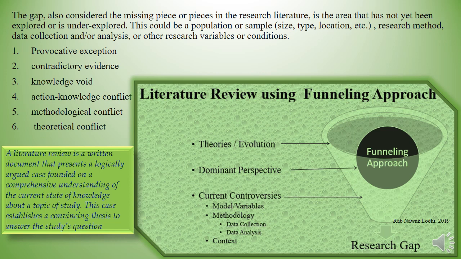As a matter of fact, for a researcher, the literature review is the most laborious sort of work. The extensive limit that you got to cross is really important. This could be a population or sample, research method, data collection, analysis, or other research variables or conditions that you would be studying through the literature review.